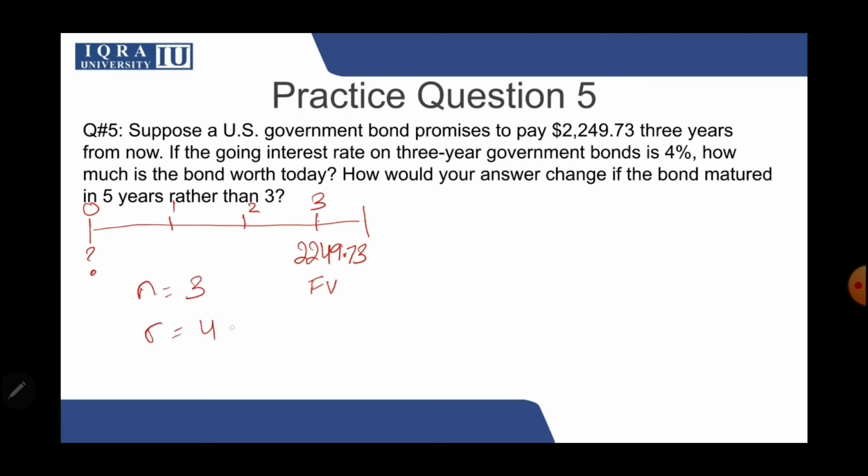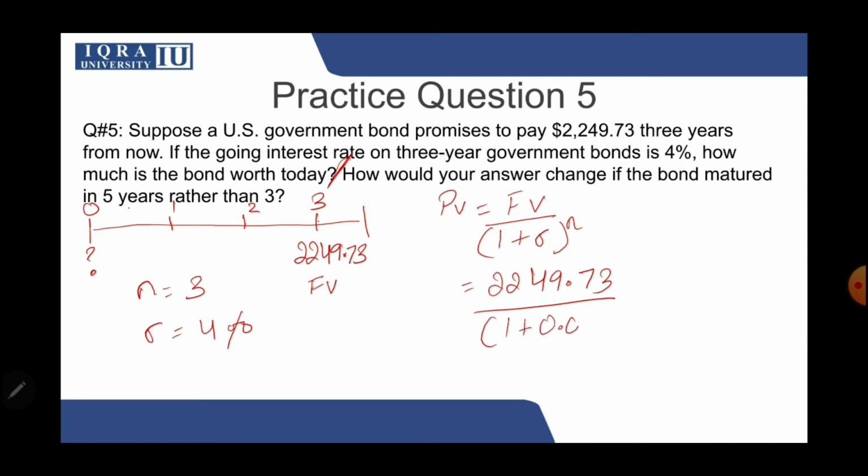The rate is 4%. Then your question says, how much would your answer change if the bond matured in 5 years rather than 3 years? So the question has two parts. First, we will solve our question till here. This is the present value formula. The future value is 2249.73.